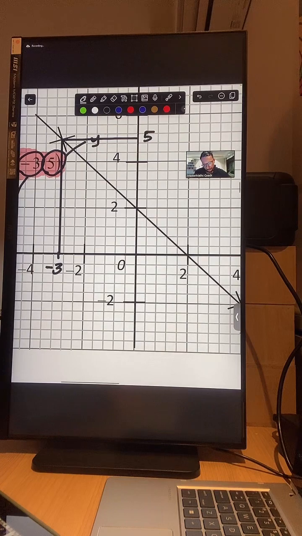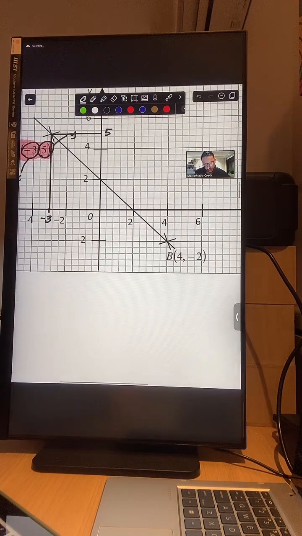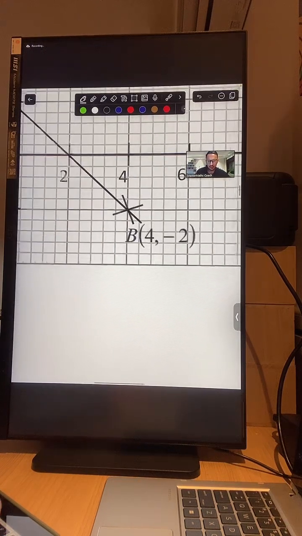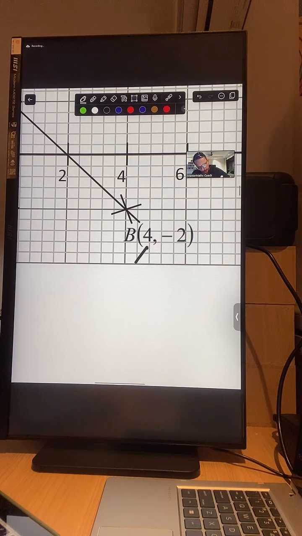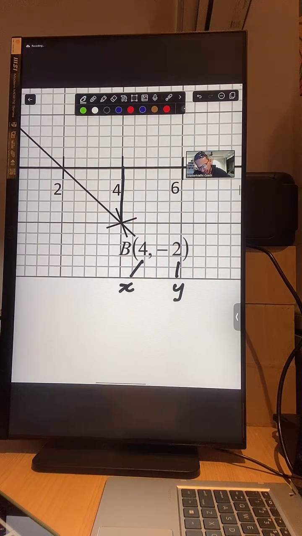Now what about B? Same. B, this will be your x, this will be your y. If you draw a line upwards, you can see it touches the x-axis at the marking that says 4.